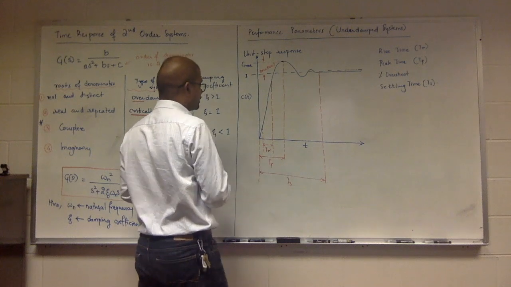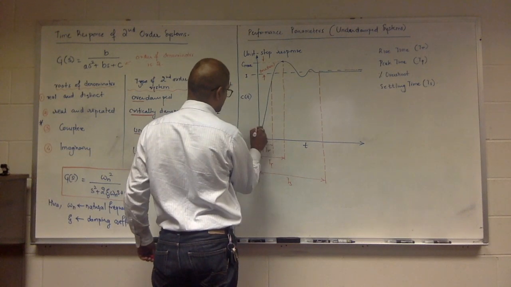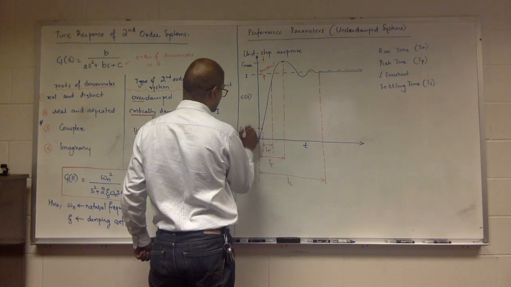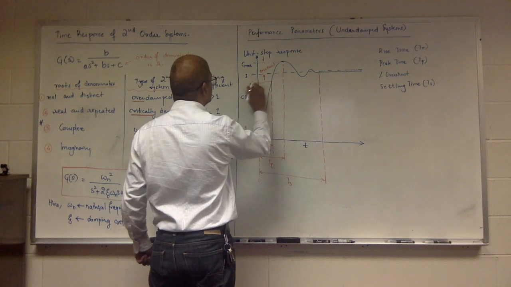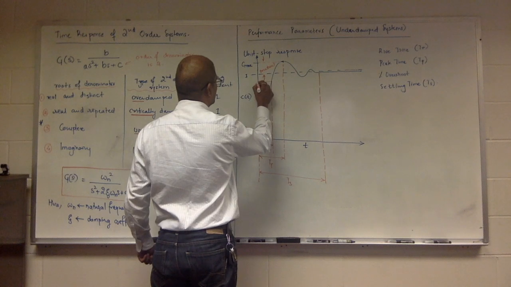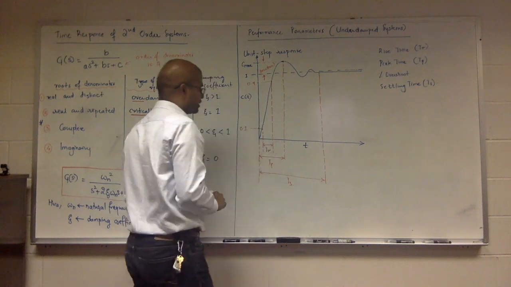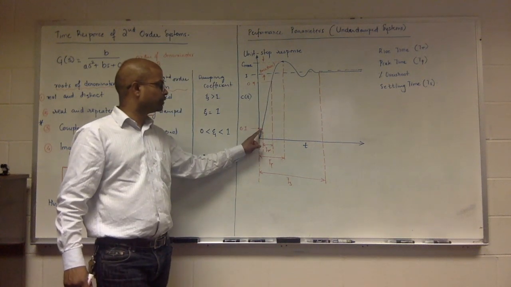So you can say this point is 0.1 of C of t. This point is 0.9.